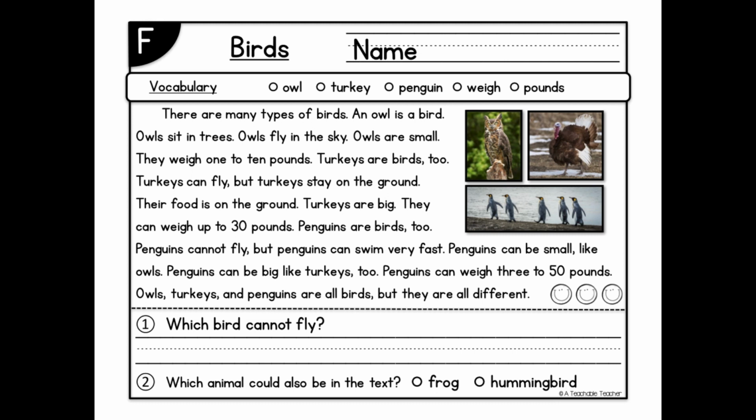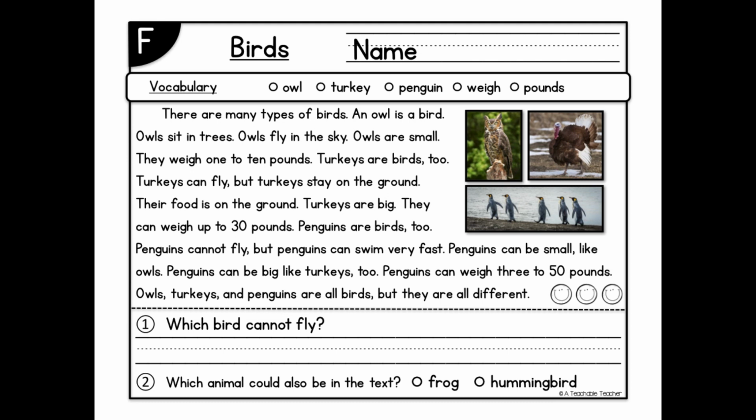There are many types of birds. An owl is a bird. Owls sit in trees. Owls fly in the sky. Owls are small. They weigh 1 to 10 pounds. Turkeys are birds too. Turkeys can fly, but turkeys stay on the ground. Their food is on the ground. Turkeys are big. They can weigh up to 30 pounds.